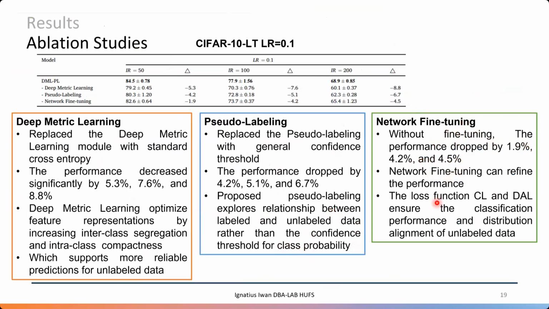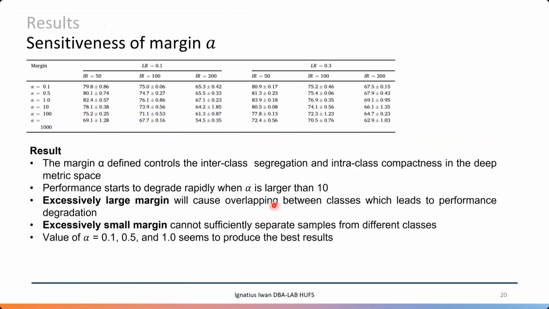So according to the paper, the loss functions CL and DAL ensure the classification performance and distribution alignment of the unlabeled data. And then the author tried to see the sensitivity of the previous deep metric learning parameter, margin alpha. As a reminder, the margin alpha controls the interclass segregation and the intraclass compactness in the deep metric space.